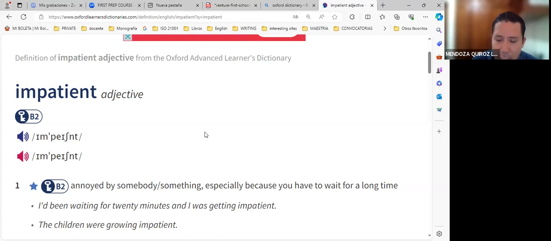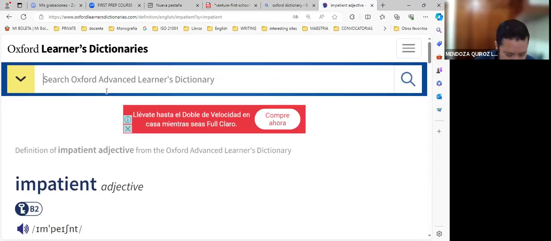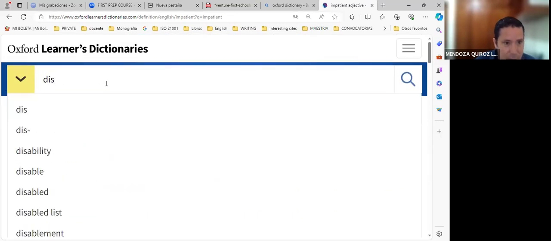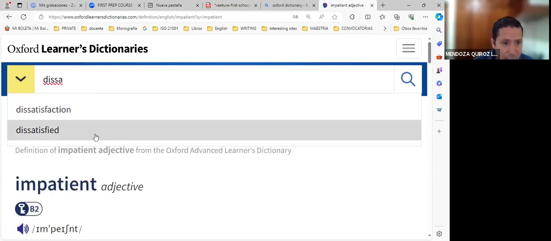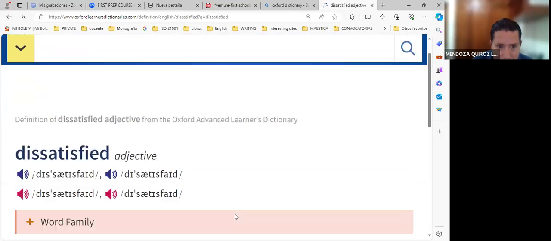Sometimes our Spanish interferes, because in Spanish you say, for example, I don't know, dissatisfied. Do you want to say dissatisfied, no? But in Spanish you say insatisfecho, no?